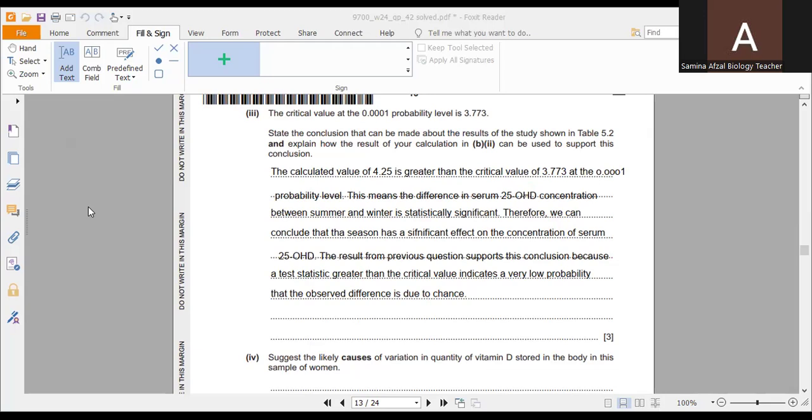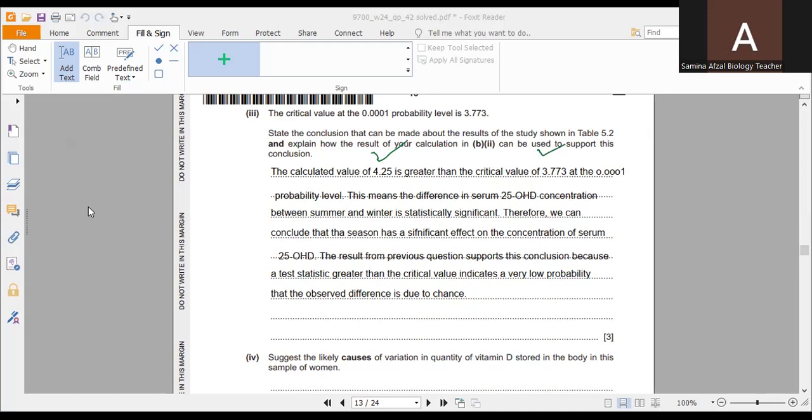State the conclusion that can be made about the results of the study shown in table 5.2 and explain how the result of your calculation can be used to support this conclusion. So the result is 4.25. The calculated value of 4.25 is greater than the critical value of 3.773 at the 0.001 probability level. You can say this value is greater than this value.